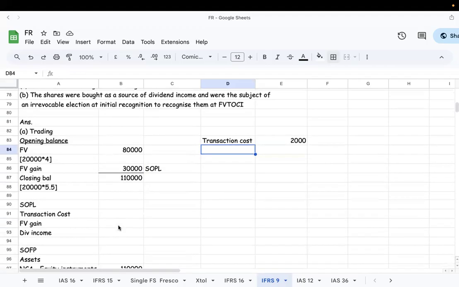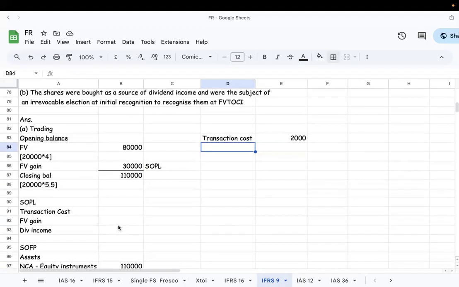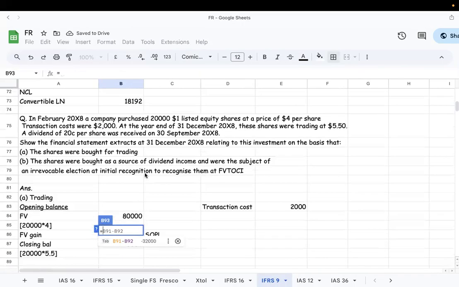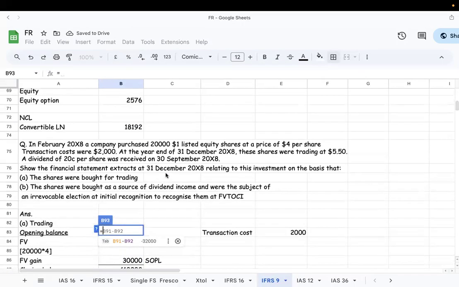Under SOPL, you're going to take the transaction cost as a negative figure because it is an expense. You're going to take the fair value gain, and also the dividend income. Dividend income, regardless of whether it is received from trading or non-trading, you're going to take into SOPL as an income.